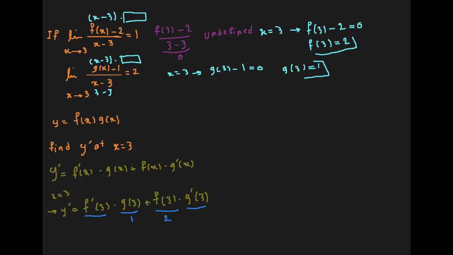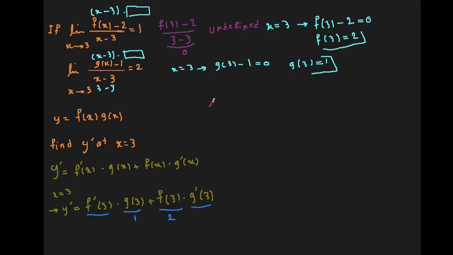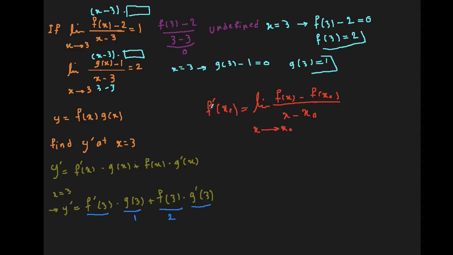One of the basic definitions for the derivative of f at point x0 is the limit of f of x minus f of x0, over x minus x0, as x approaches x0. This function can be any function, and x0 can be any point.